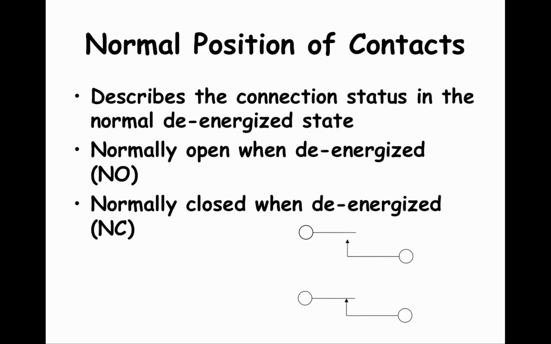The top sketch, with the gap between the armature on the left and the arrow connected to the circuit on the right, is the normally open circuit. It means that when the relay is not energized, the load circuit is open. The bottom sketch shows the circuit connected. This indicates that this relay will be connected when the relay is not energized.